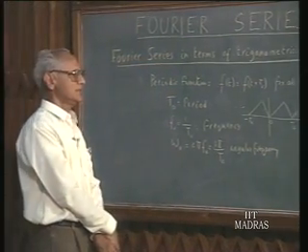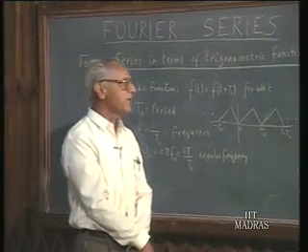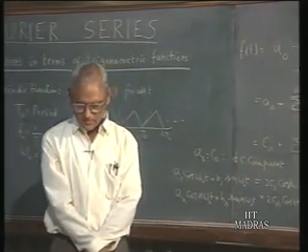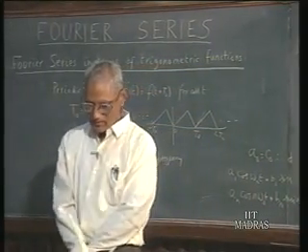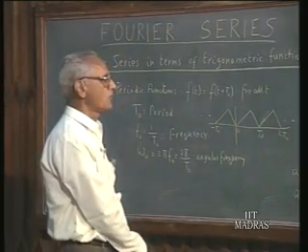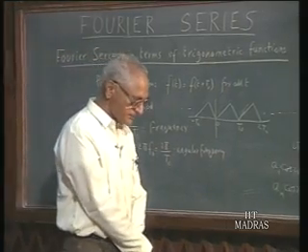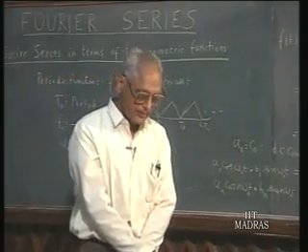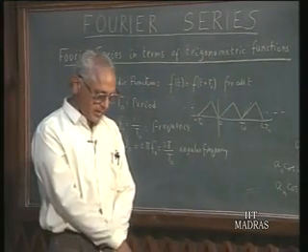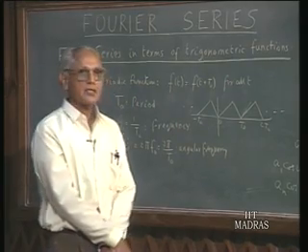The fact that any arbitrary periodic function of time like this can be expressed as a sum of sinusoidal components like this is an aspect which, when Fourier introduced his series, gave rise to some kind of controversy. As a historical note, Fourier is a French mathematician cum administrator.